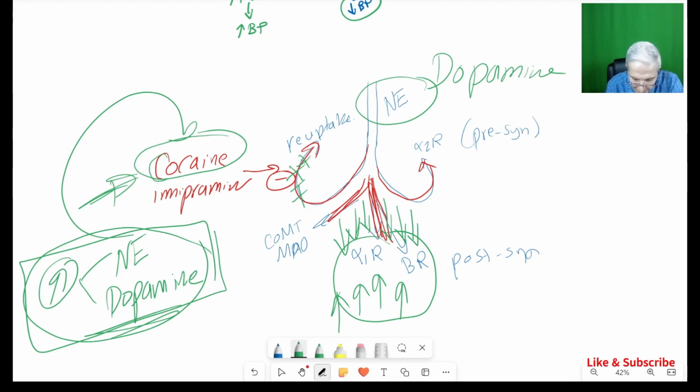Our body will stop releasing these mediators unless you take cocaine. When you take cocaine, our body starts to respond. Then our body produces tolerance, which means we need more cocaine to produce the same effect. So we have dependence, which could be psychological dependence or physical dependence.